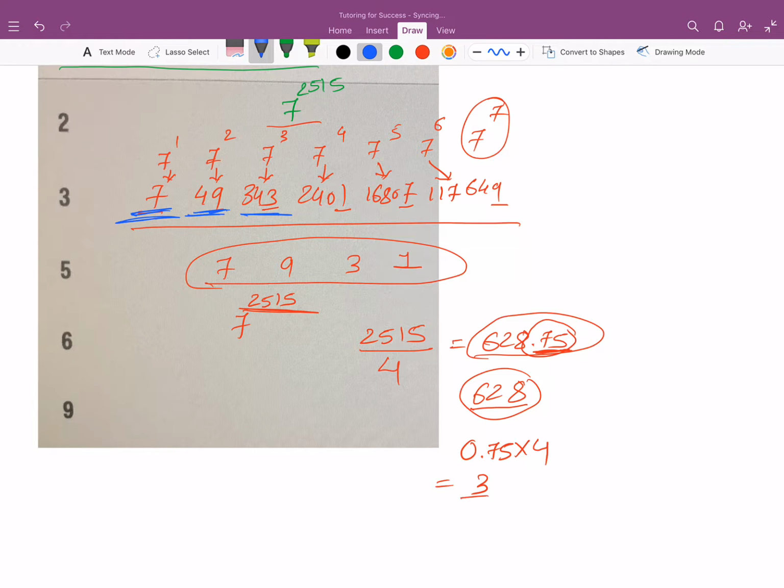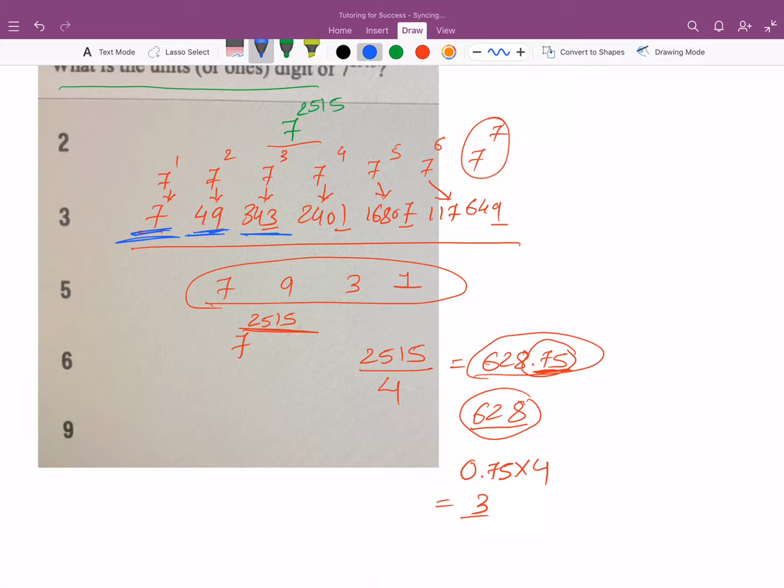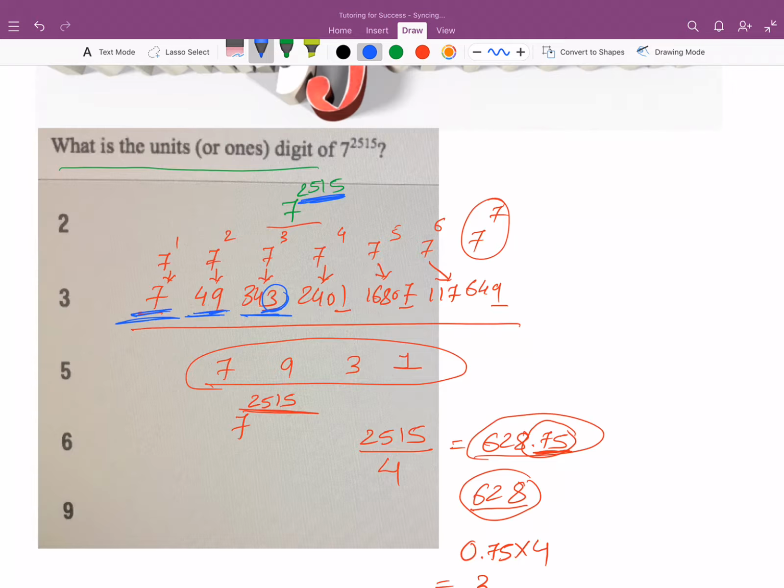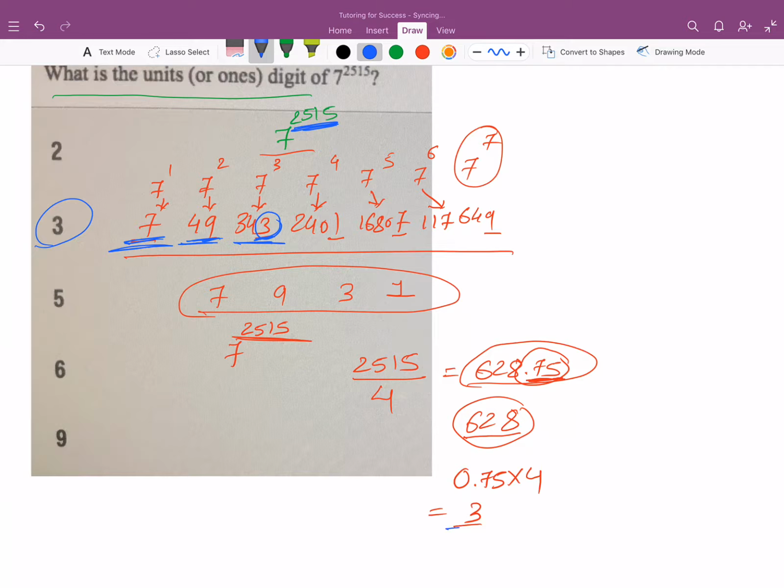So obviously the third number, which is 7 to the power 2515, would end in 3 in that loop. And the answer for this problem would be 3, because using the pattern, the third number in the loop would be a very large number, but its units digit will be 3.